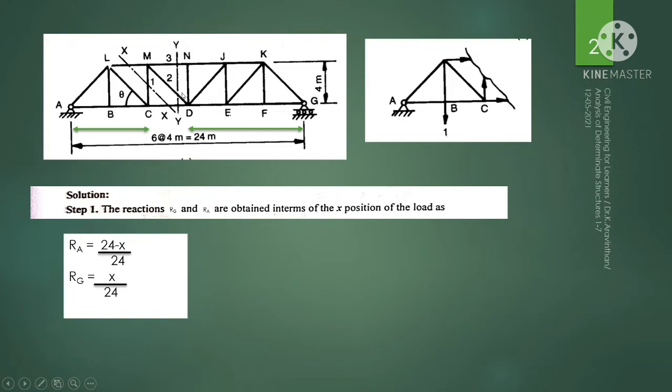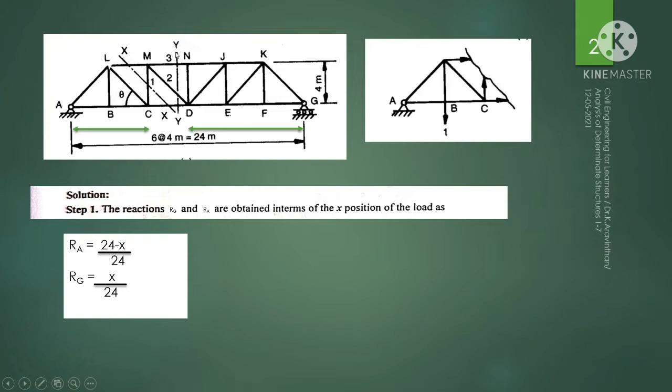So these are the three members for which you have to find the influence line. When a load is moves from A to G, what happens to these members? The mode of internal stress can be identified by the influence line.